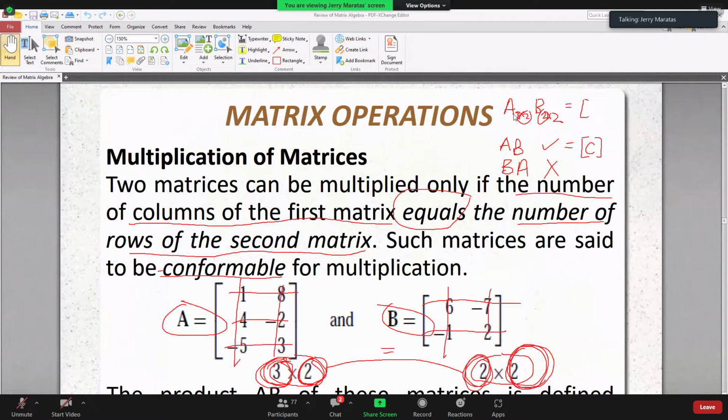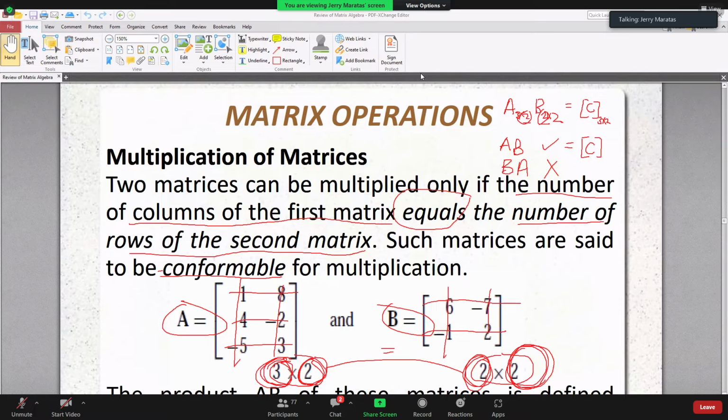The size of the resulting matrix is the number of rows of the first matrix and the number of columns of the second matrix. So what is the size? Let's say this, the resulting matrix C should be 3 by 2. What remains, the middle numbers are equal, and what is left, 3 by 2, is the size of your resulting matrix. So it is the number of rows of the first matrix and the number of columns of the second matrix.